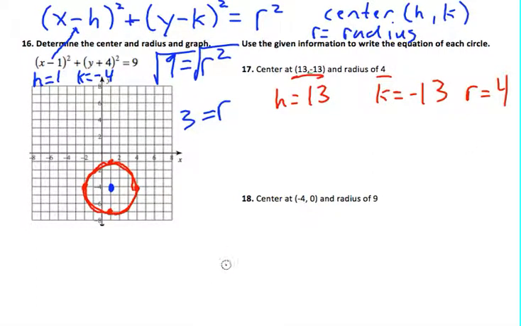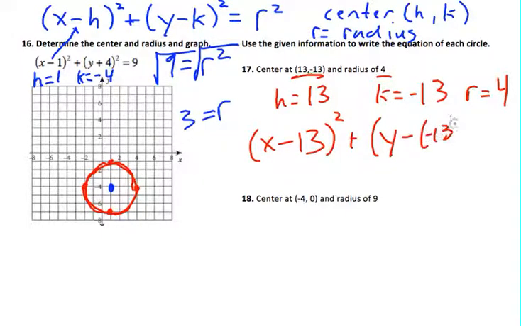So when we write the equation, we're going to have x minus 13 for x minus h squared plus, and then here it should be y minus k, and k is negative, so it's y minus negative 13 squared. And then r squared, well, we've identified that the radius is 4, so r squared is 4 squared.